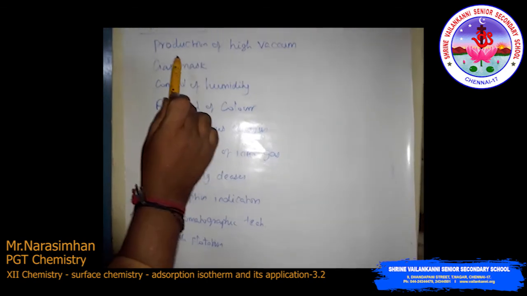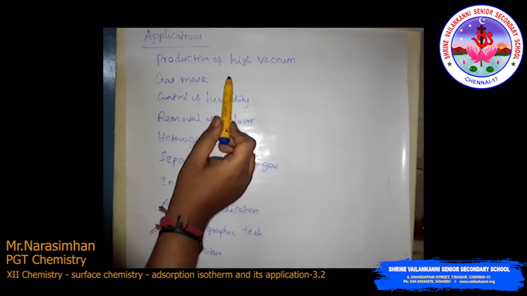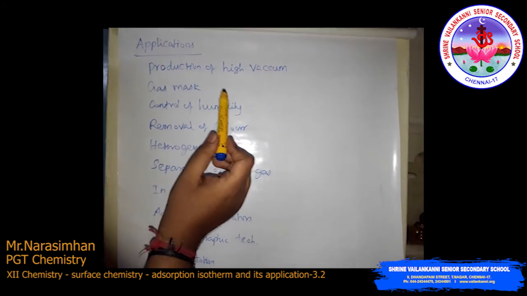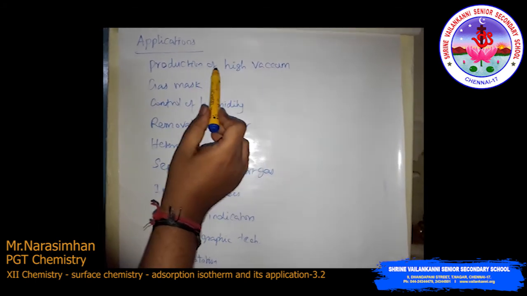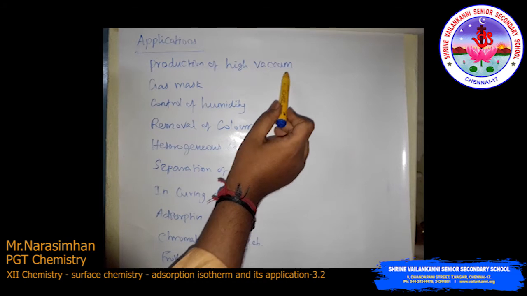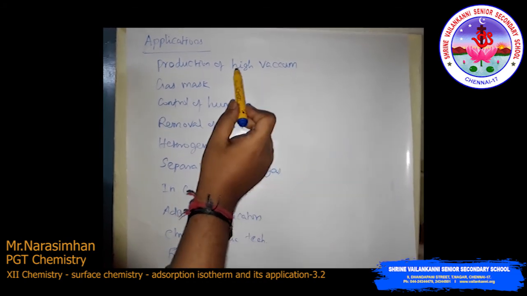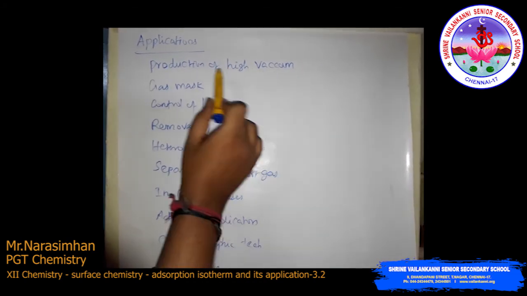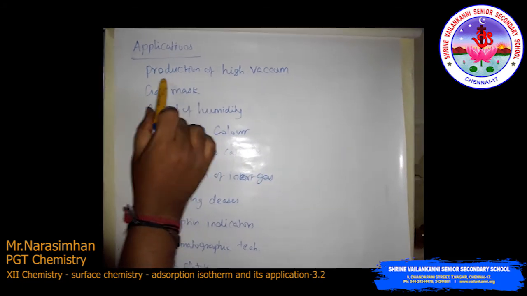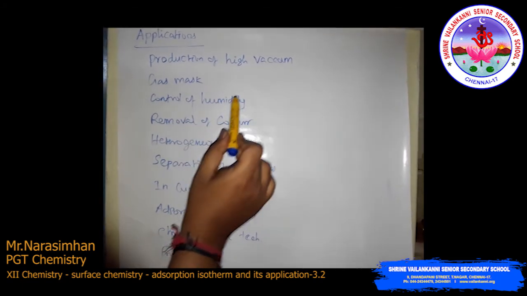The first one is the production of high vacuum. The remaining traces of air can be adsorbed by charcoal from a vessel that is evacuated by the vacuum pump, to give a very high vacuum.